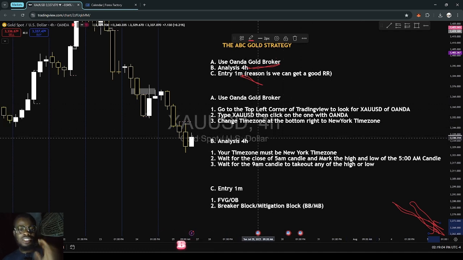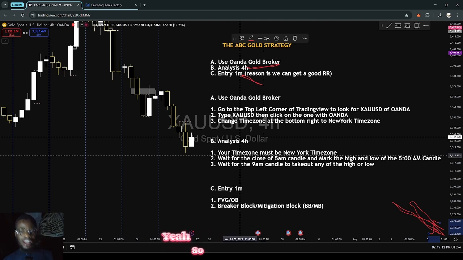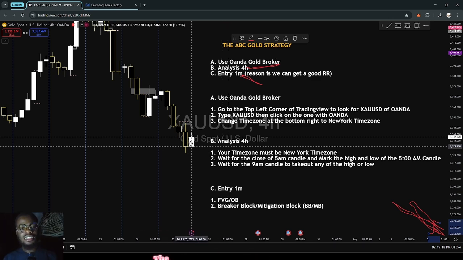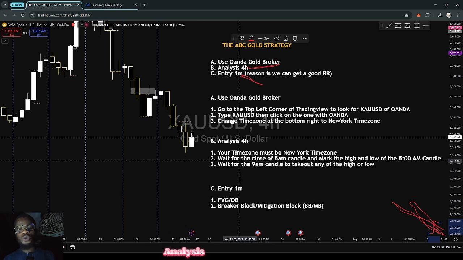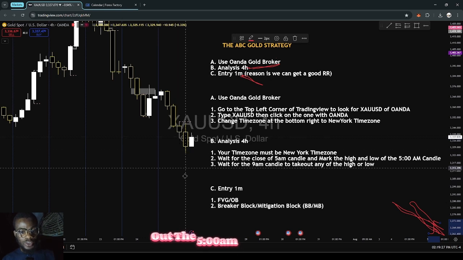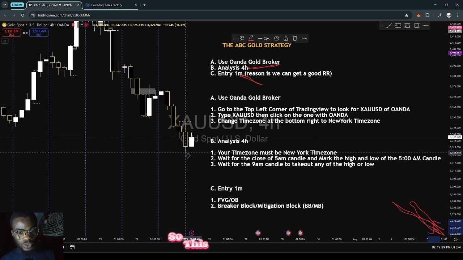Now the B step, which is analyzing the 4 hours. Like I said before, the 4 hours is our top analysis. So you mark out the 5 a.m. candle.